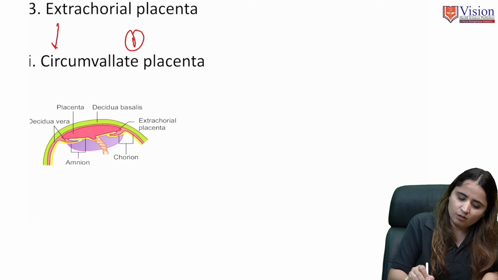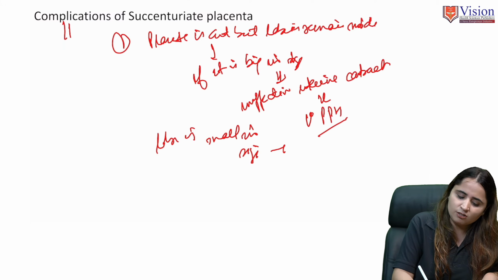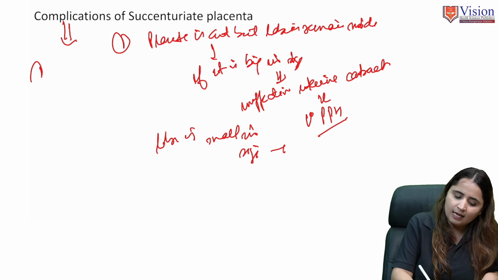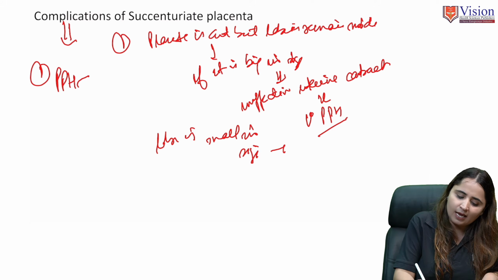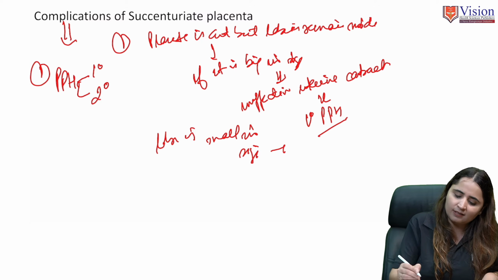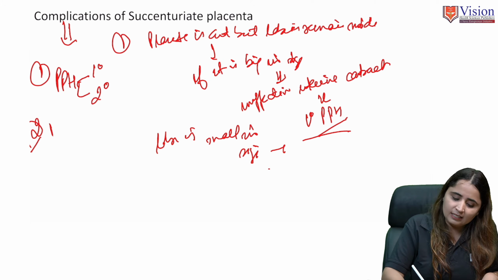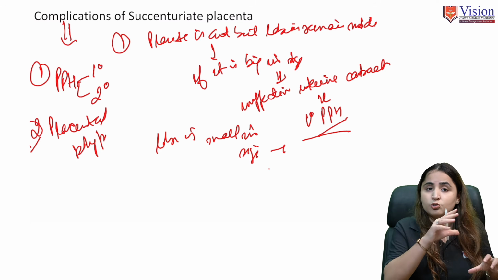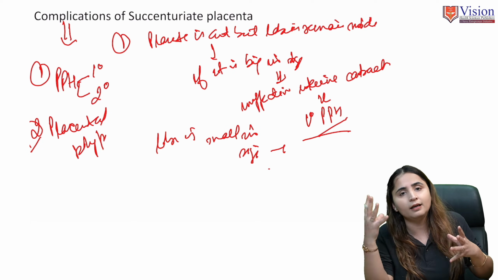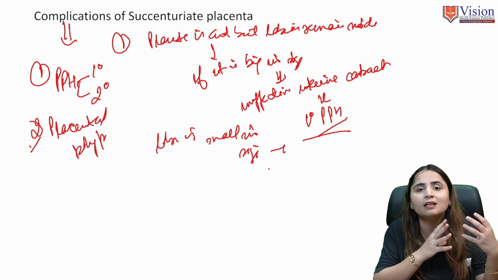So in short, the complication of this succenturiate placenta is, number one, PPH, which can be either primary PPH or secondary PPH. आपको concept clear मैंने करवा दिया. Second, it can lead to placental polyps. अगर छोटी लोब अंदर रहेगी, so in long term it will lead to placental polyp.